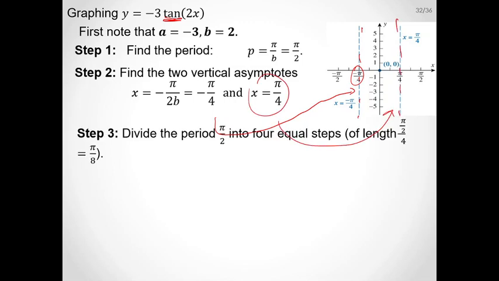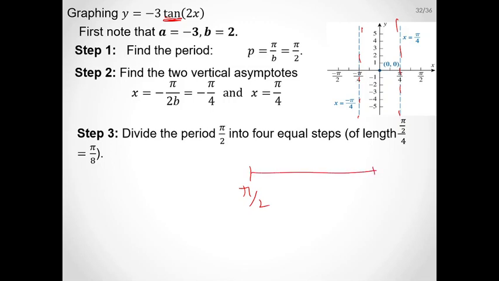And now we divide this interval into 4 equal sub-intervals, let's say. Okay, minus pi over 4, then pi over 4. So basically we are trying to make the table, and we are choosing the points for the table.